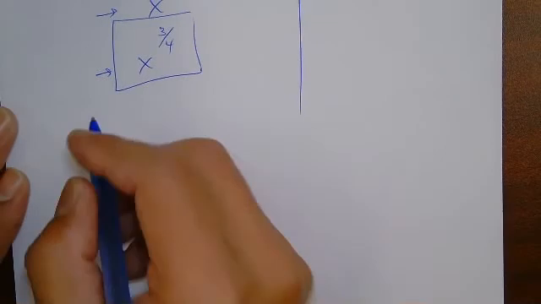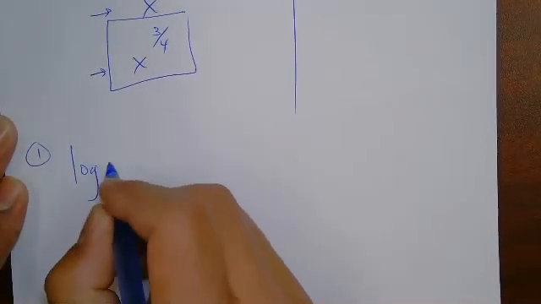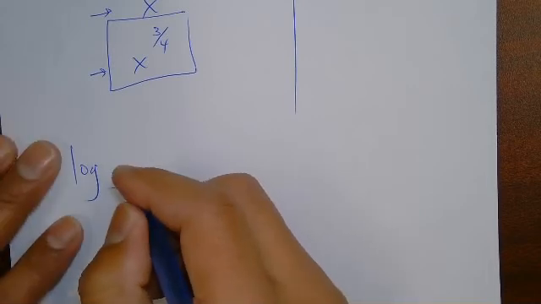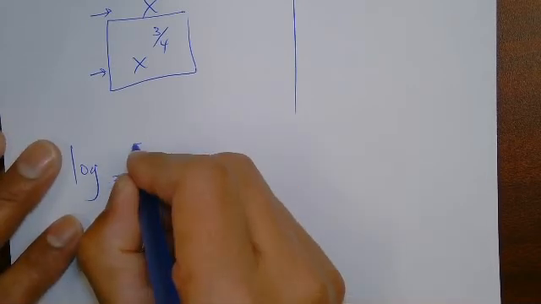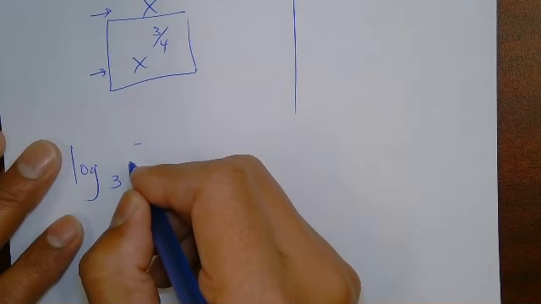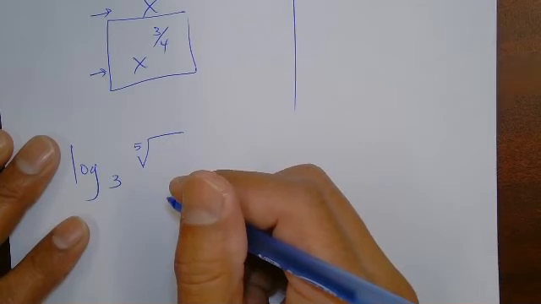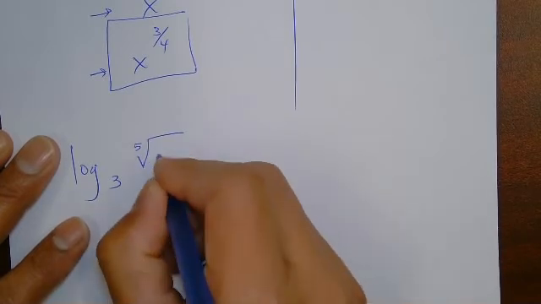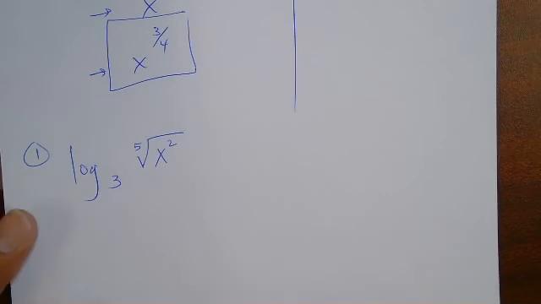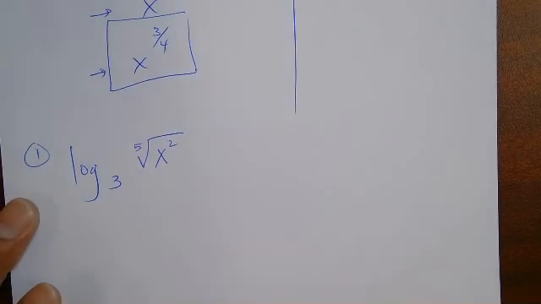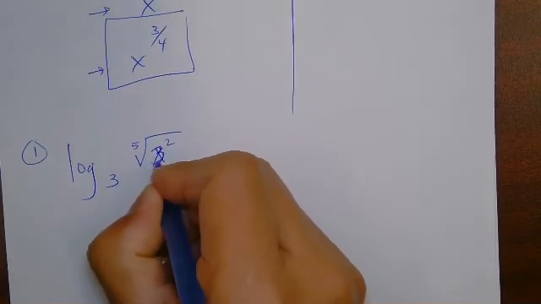Okay, so now for the log problems, you'll see a problem like this. Let's say number 1: log base 3 of the fifth root of x squared. Let me check this. Sorry, for this one it's actually a 3 right here, so this is 3 squared. That would be log base 3 of the fifth root of 3 squared.